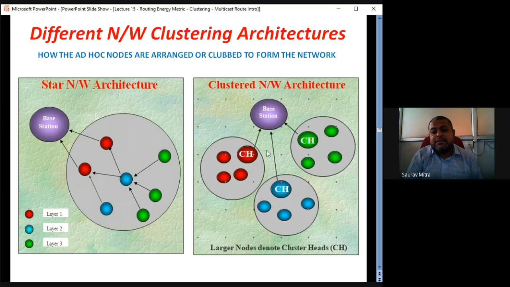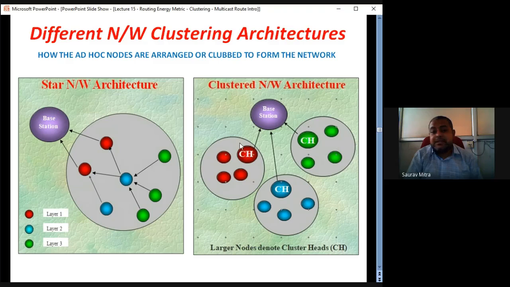And this is another type of clustering, where 4 different nodes have made one cluster, and this is a slightly bigger node, which is a cluster head. Here there is a blue, and here there is a green, and then CH1, CH2, CH3 can form another cluster. Like this is one department, this is another department, and this is another department.